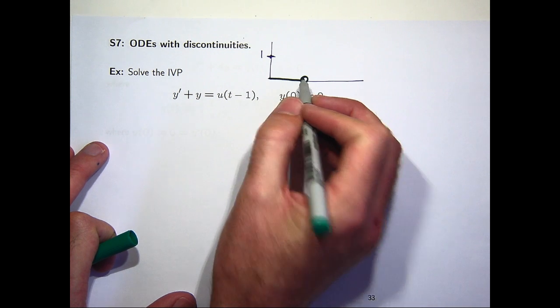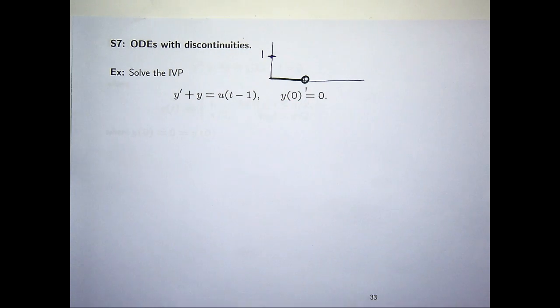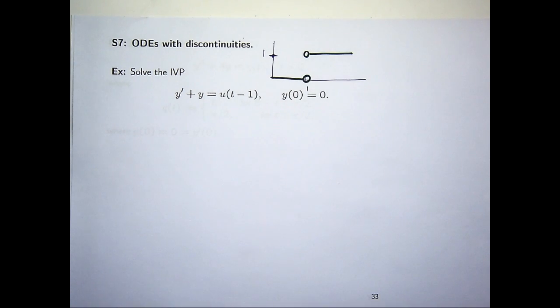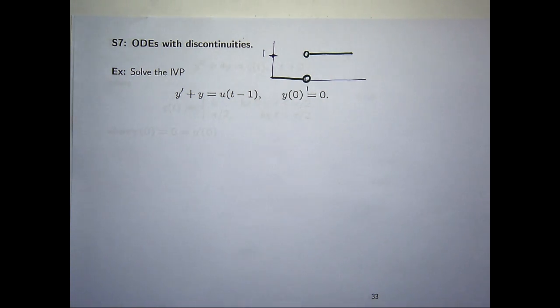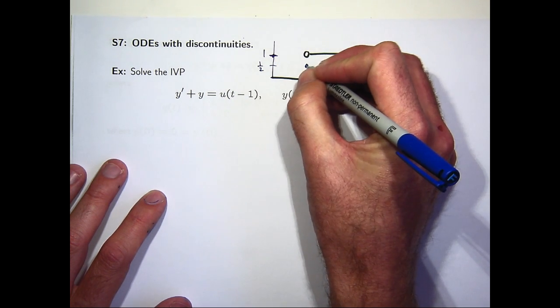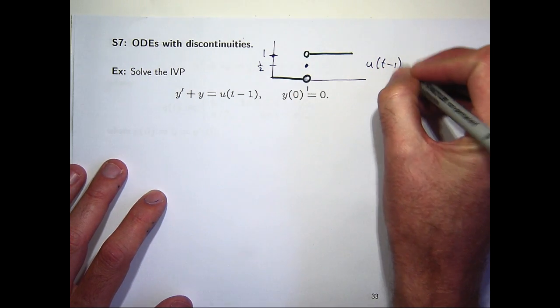It's essentially 0 until I hit the point t equals 1. Then it gets switched on. And to the right of t equals 1, the u of t minus 1 is just 1. And in the context of these classes, we define the value at the jump point to be 1/2.